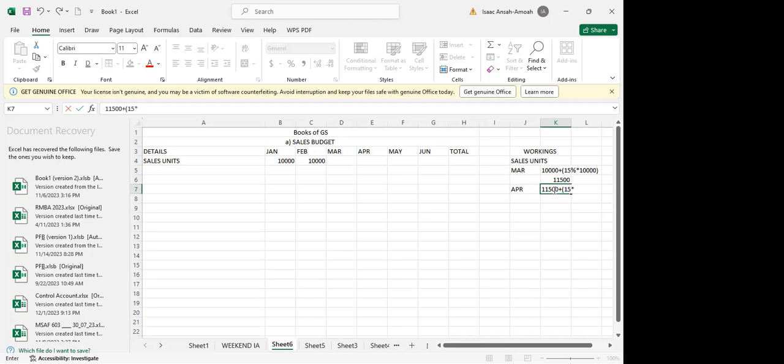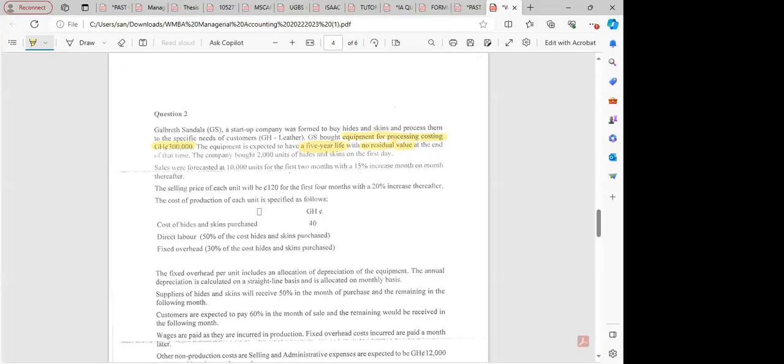It says that the sales forecast is 10,000 units for the first 4 months. Did you say 4 months or 2? Please, did I miss the question? I'm showing the question again, because I wrote it. So first 4 months.